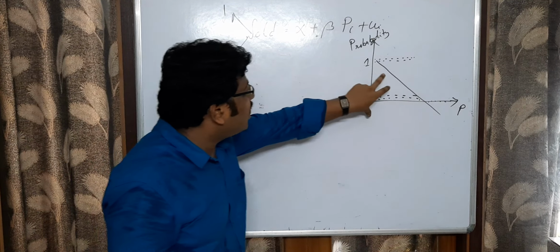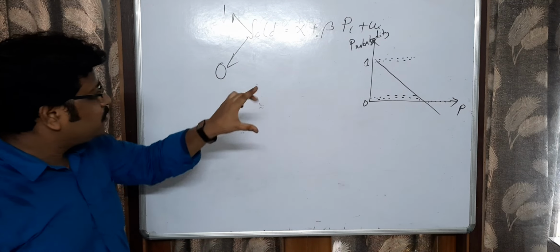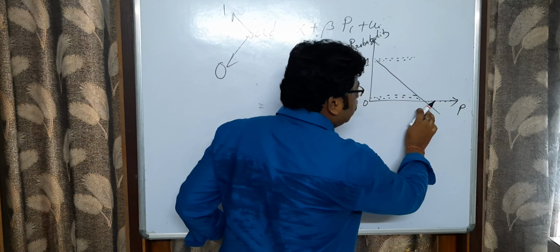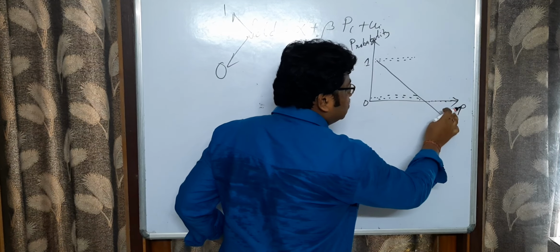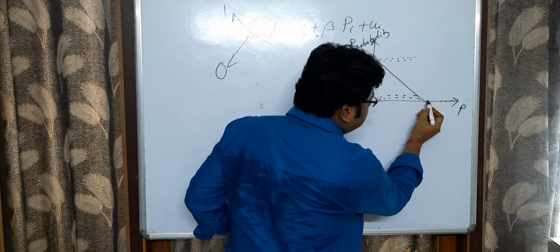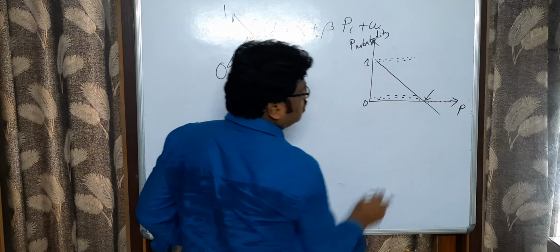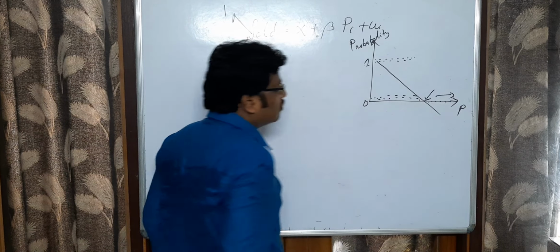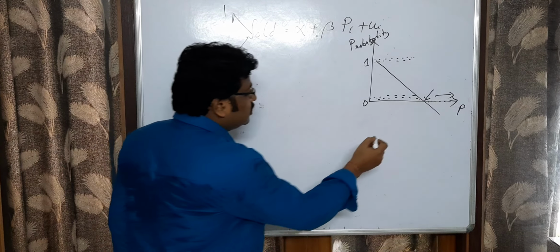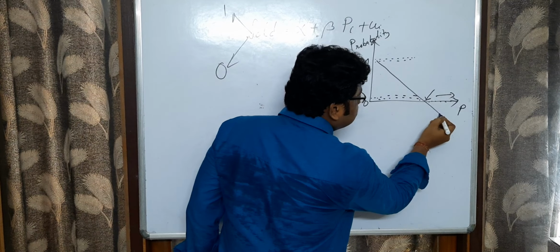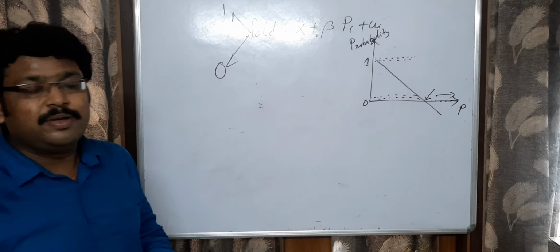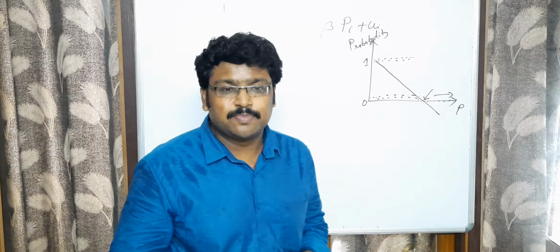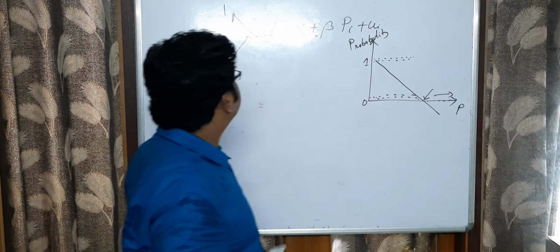This regression line has a problem, because if the price is very high, beyond this point, then the probability will be negative. Theoretically, it is not correct, and this is the problem.